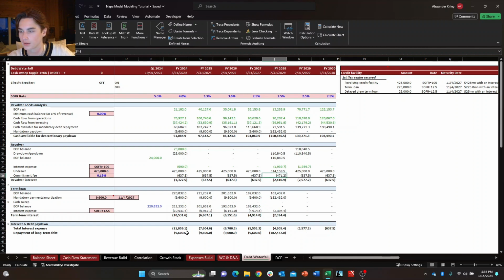Now let's take a look. It's going to value it out here, right, and create an issue. But now we have the ability to come back here, set it back, and we're good to go.